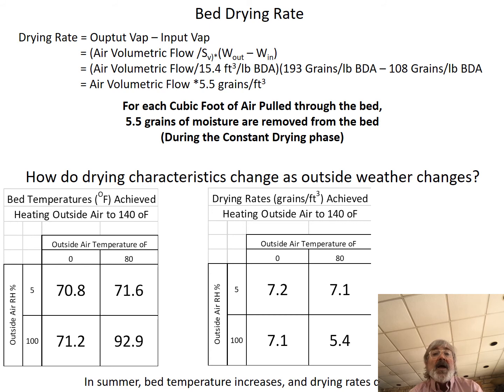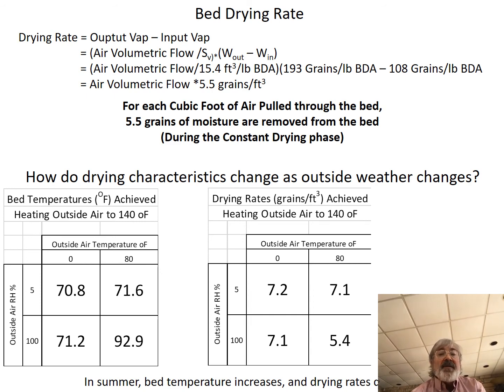All right. If I wanted to know the drying rate as a function of outside air temperature and humidity, I'm showing also that in the summertime, the drying rate is dramatically reduced from what it was in the wintertime.